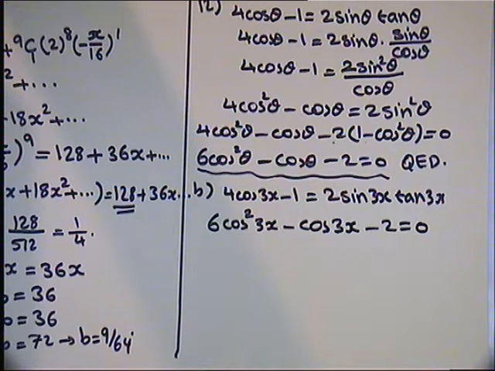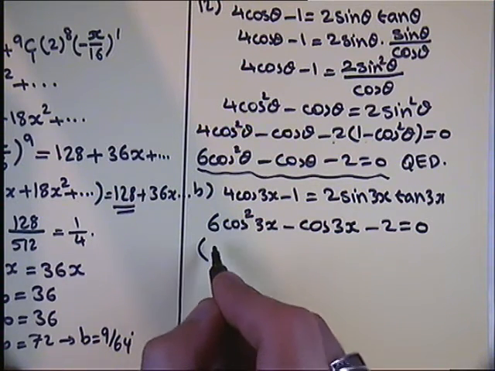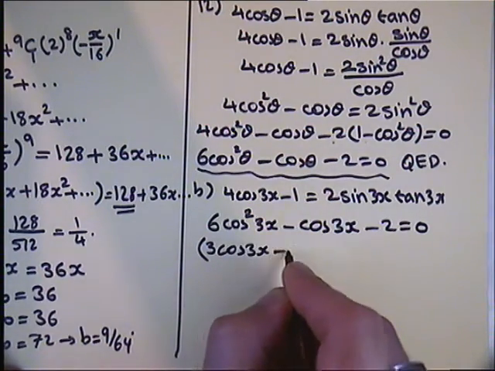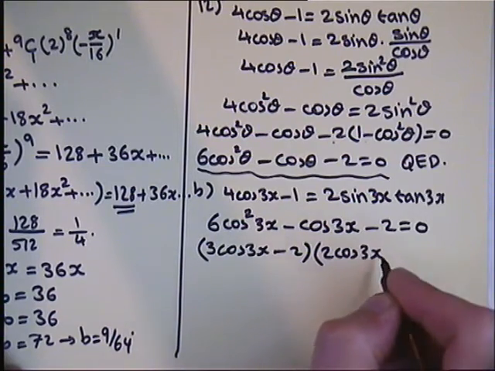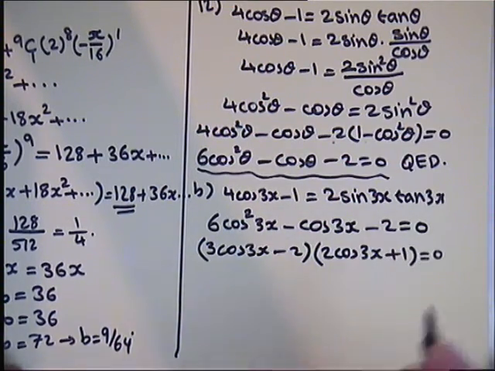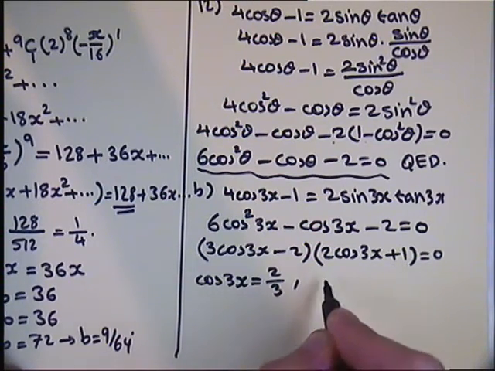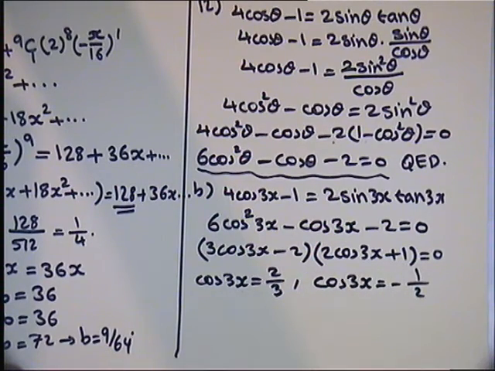Okay, so it looks like it is a quadratic equation. We could easily factorize this using your calculator: (3 cos 3x minus 2) times by (2 cos 3x plus 1) equals 0. Therefore, cos 3x is equal to 2/3 and cos 3x is equal to minus 1 over 2.